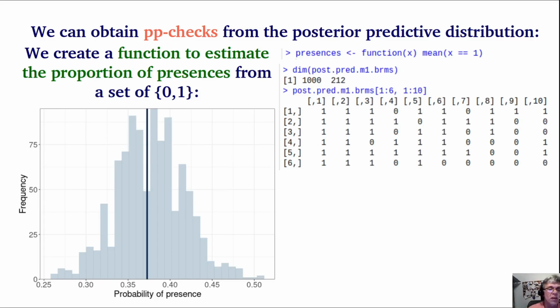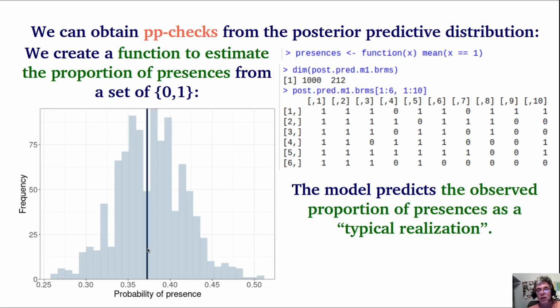And we see that the observed value is pretty much in the middle. That is a typical predicted value of the model. So the model can actually predict the actual observed probability of presence as a typical result.